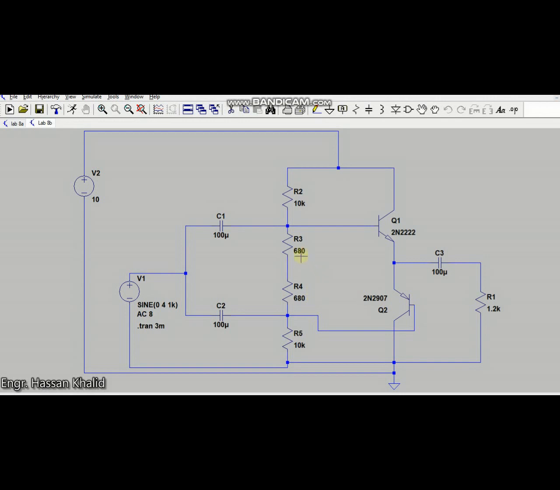What you need to do is add up 680 ohms and 680 ohms. That means you are applying the voltage divider rule, 680 plus 680, divided by the whole swing, that means the sum of 10k, 680 and 680, and the 10k ohm. Let's check what we actually get.